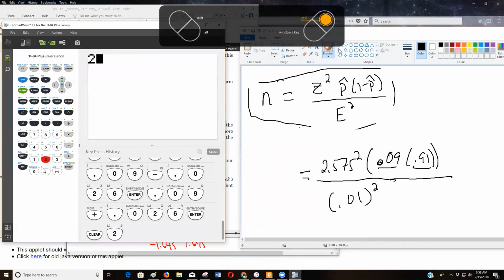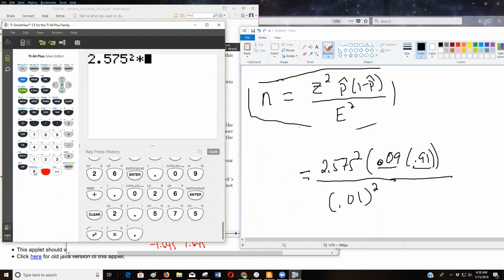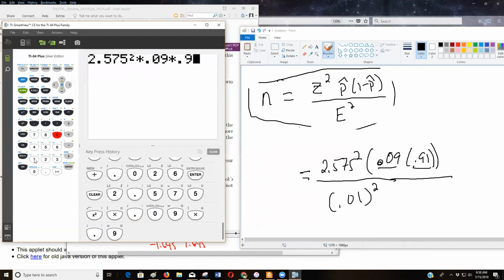So 2.575 squared times 0.09 times 0.91 divided by 0.01 squared.